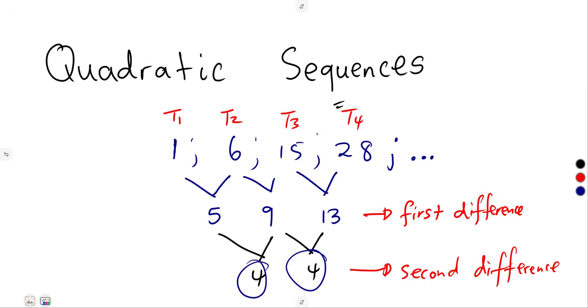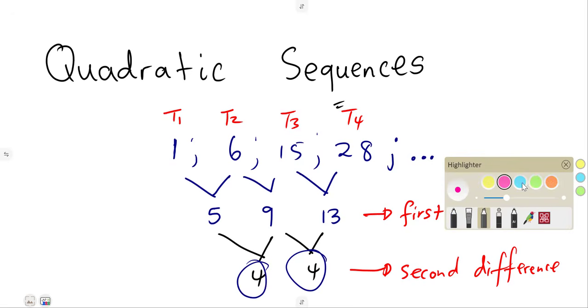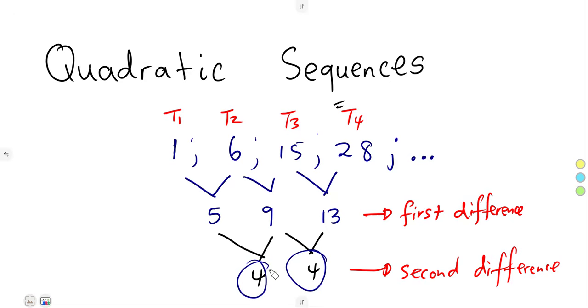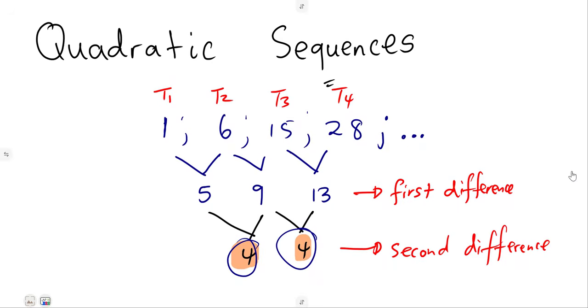So if you are working with a quadratic sequence, there is now a constant second difference. The second difference is the one that you are now working with for a quadratic. So we call this the constant second difference.